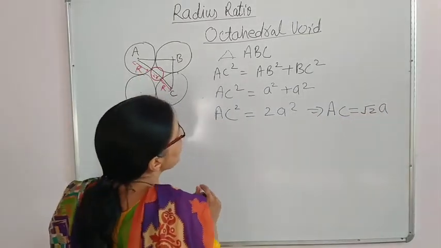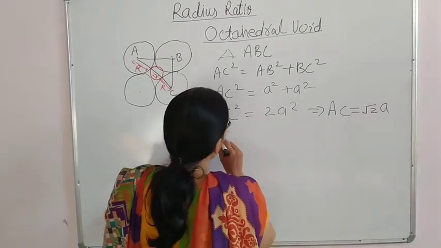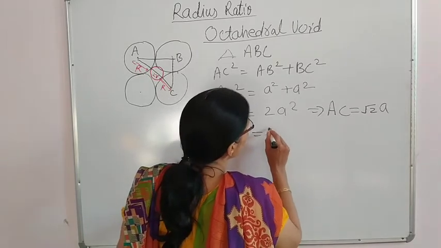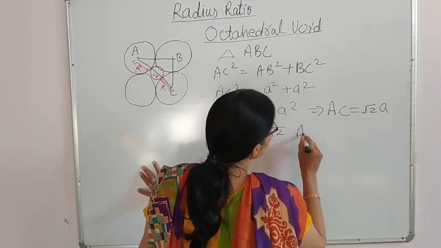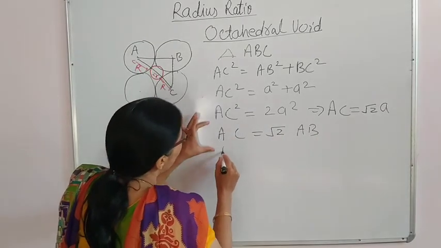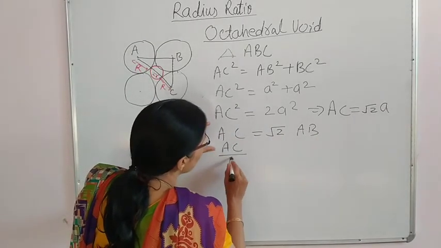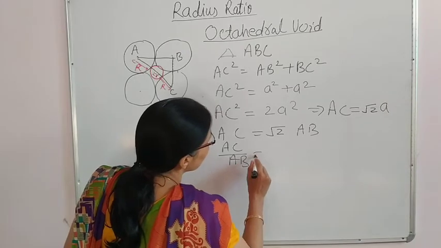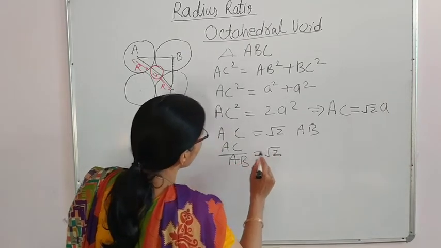AB is also a. So AC is equal to root 2 AB. If I find the ratio of AC upon AB, it is equal to root 2.